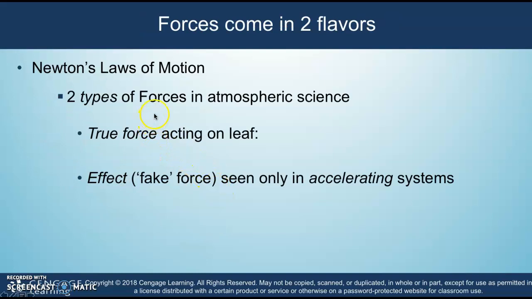And there are two types of forces that impact the leaf in Forrest Gump at the beginning opening credits. There are true forces acting on that leaf, and there are fake forces acting on that leaf. And fake forces are only seen in accelerating systems. We're going to explore that a bit more.